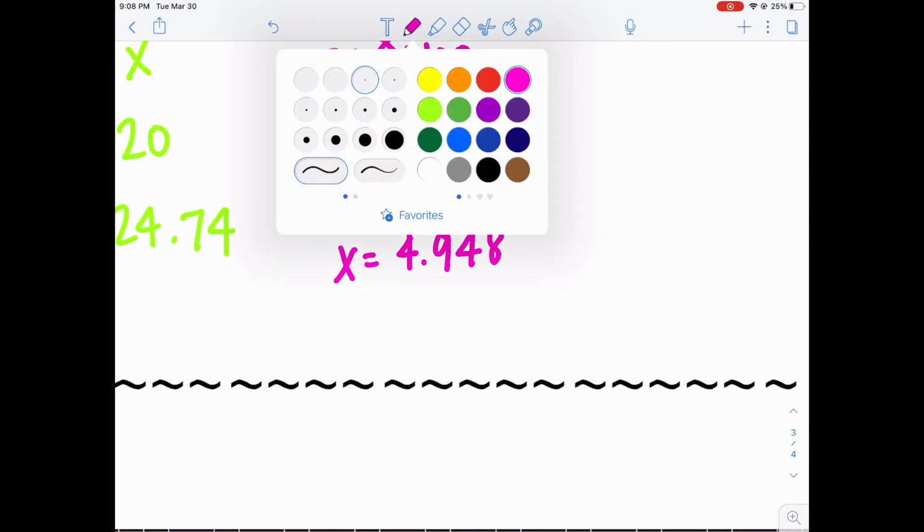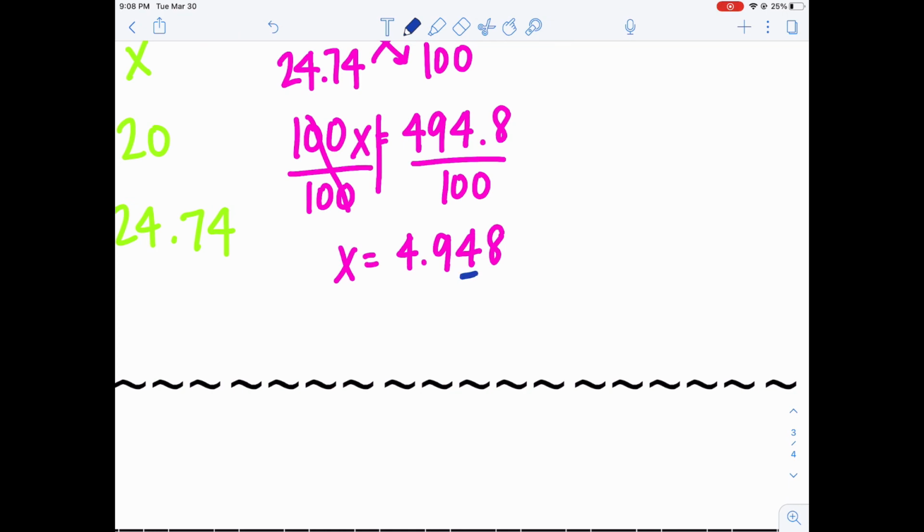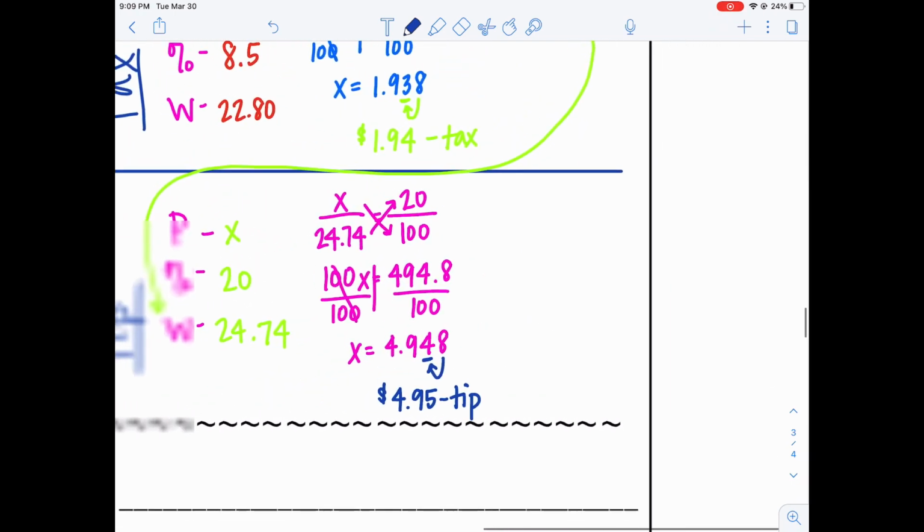Rounding correctly to 2 decimal places, the 4 is in the second decimal place, which the 8 tells the 4 to round up to a 5. So this is $4.95 in tip. So this is the amount of money I'm paying for the tip.